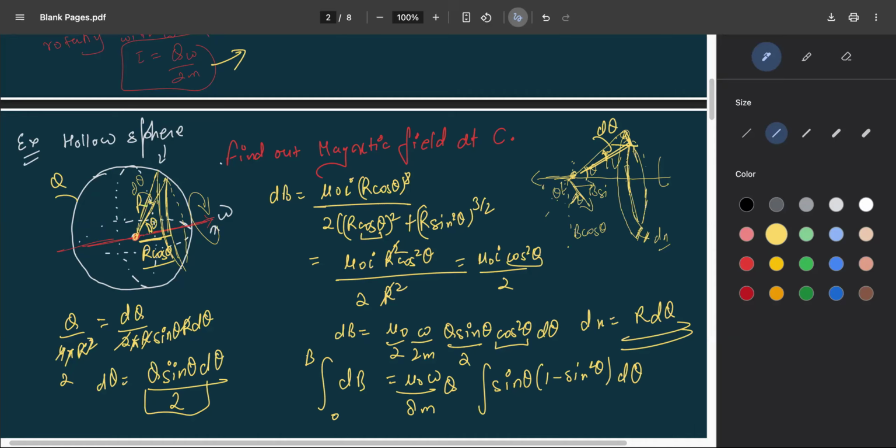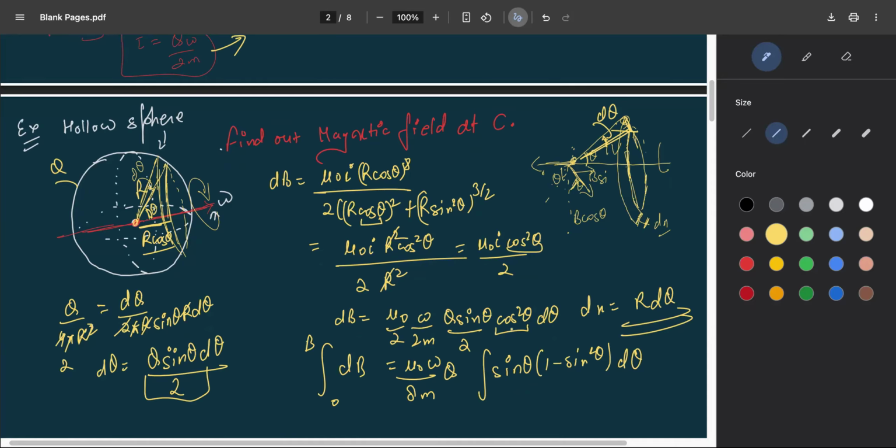So is this part clear? Yes. Okay, makes sense. Now, what we can further rewrite over here is cos square theta, and in the key part of this.